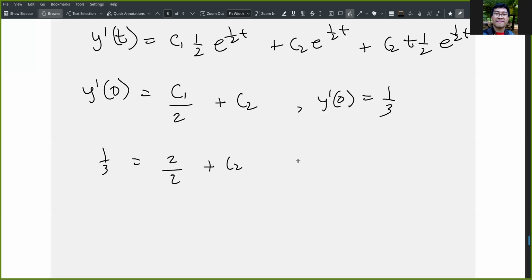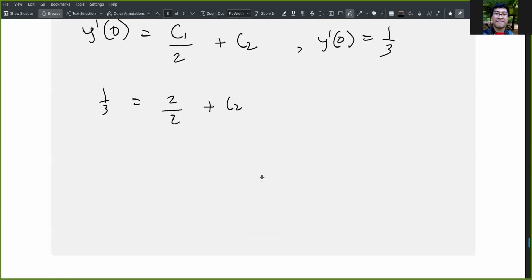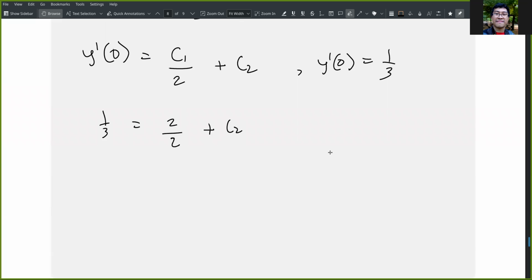So c2, okay, this tells us that c2 is equal to 1 minus 1/3, that's minus 2/3.